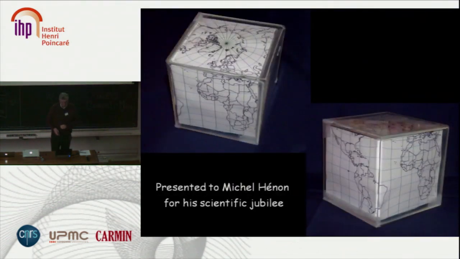This was presented to Michel for his scientific jubilee in 2007, I think, at the observatory. That's an example of projection on a cube, unmade, very simple, but still interesting to see. Obviously, it's difficult to see the difference between central and equal area projection, but in practice there is a difference.